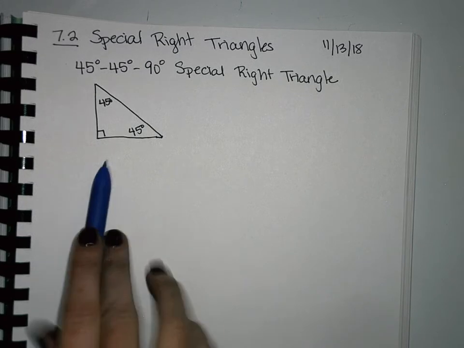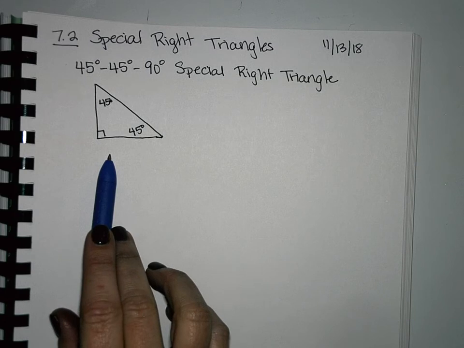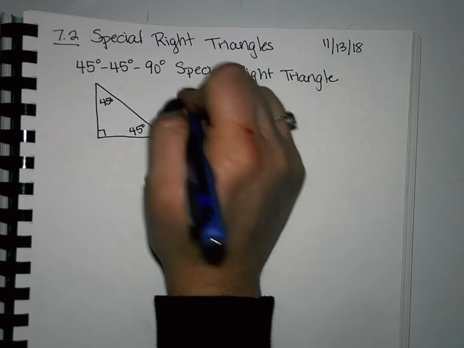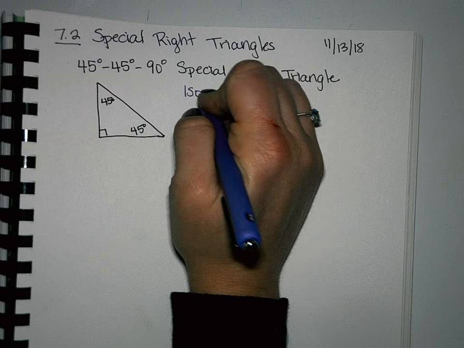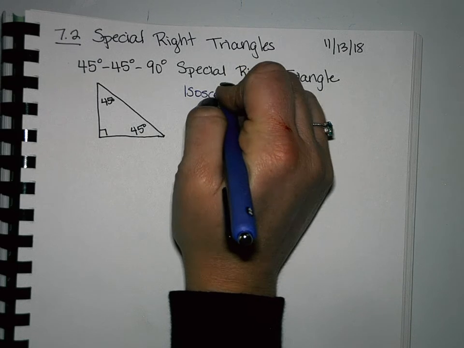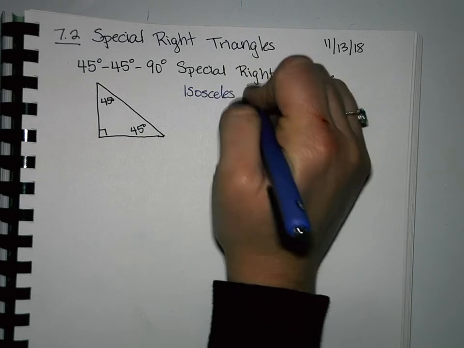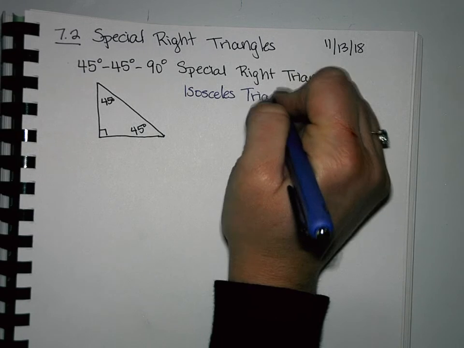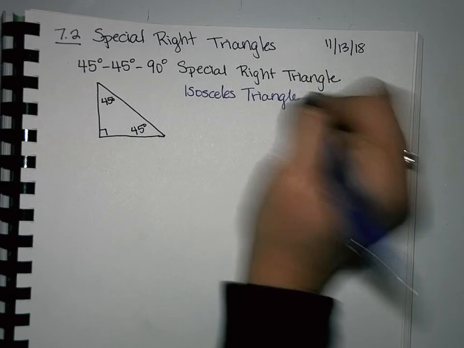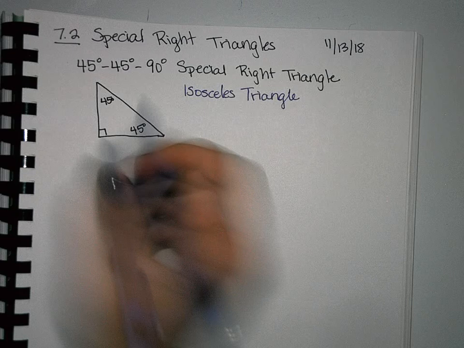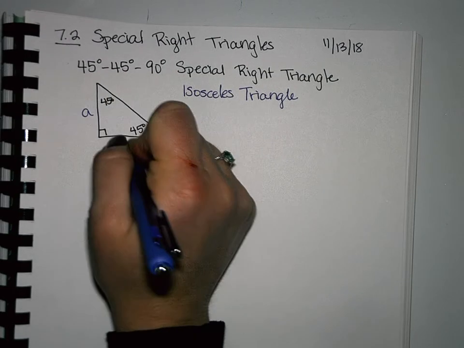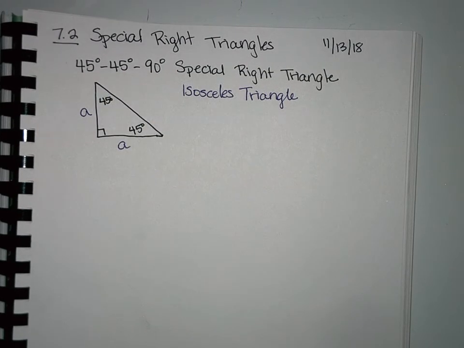Because what kind of triangle is a 45, 45, 90? It's isosceles, because it has base angles congruent. And so because the base angles are congruent, that means the legs have to be the same.